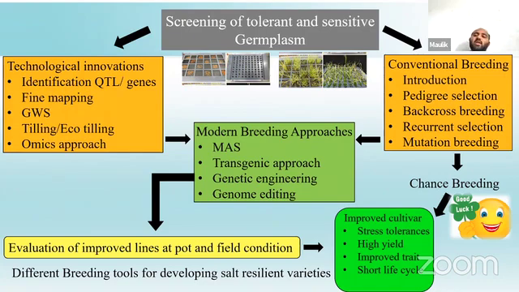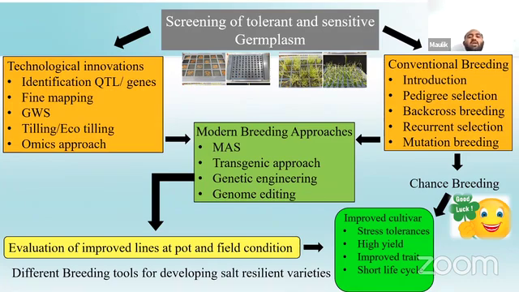Backcross breeding is the method used when one or two traits we can transfer by using backcross. Recurrent selection means selection by using population improvement, meaning a number of genotypes or segregating material that are salt tolerant are intermated, then new material is generated, and after selection we can develop a population.